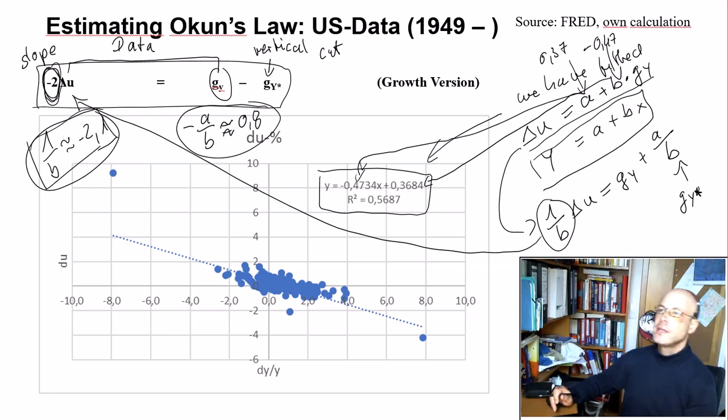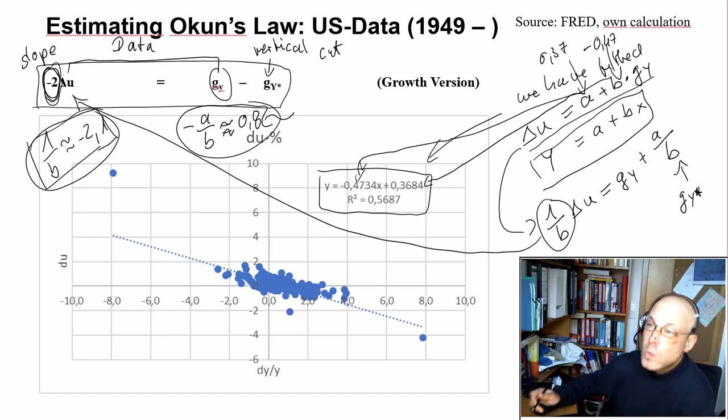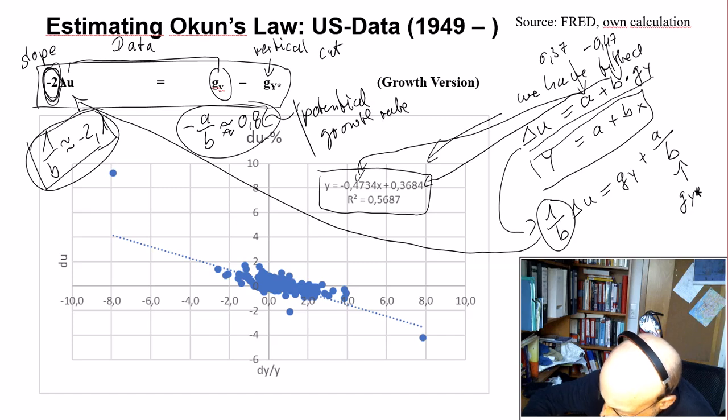This is 50 years, so over 70 years, we have a potential growth rate of 0.1, which is maybe a bit surprising, that the potential growth rate for the US over this long time period is that low.